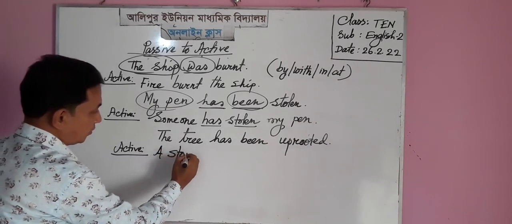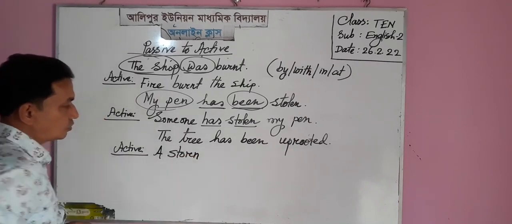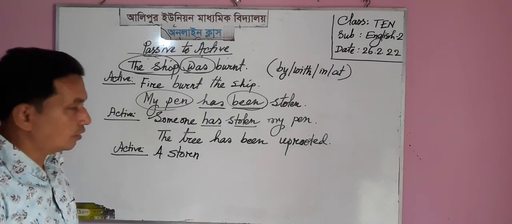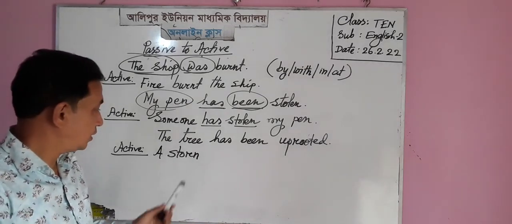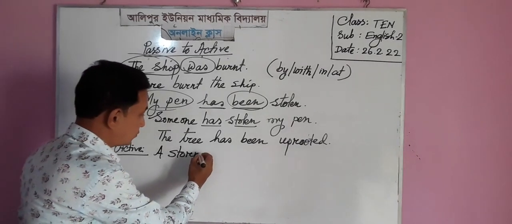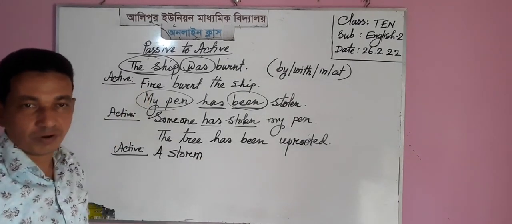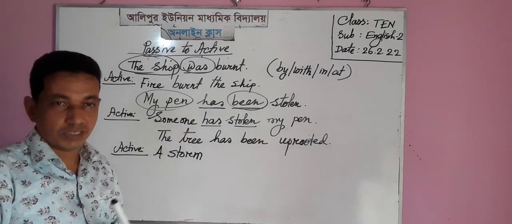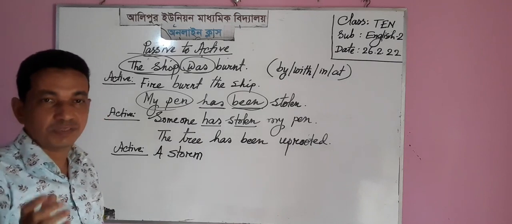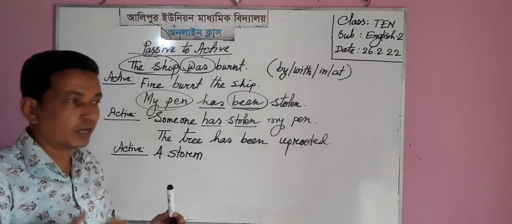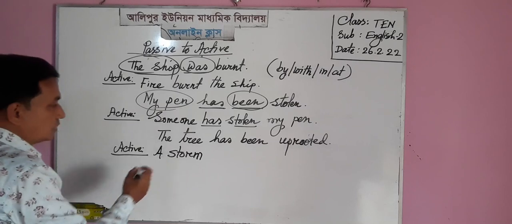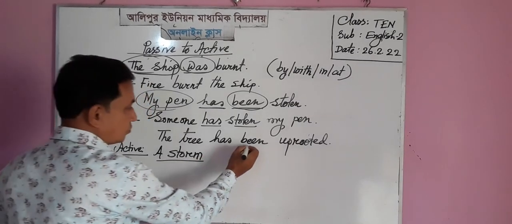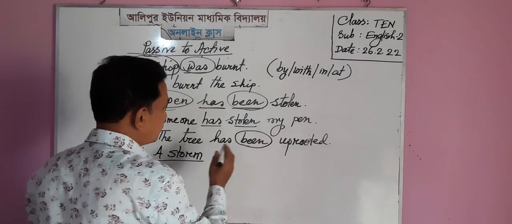Only a storm can uproot any kind of tree instantly, no doubt. Such as we see the storms named Cyclone Sidr and Aila. There are so many storms in our country which visit us every now and then. So a storm is the subject of this sentence, and been is omitted because been is here.